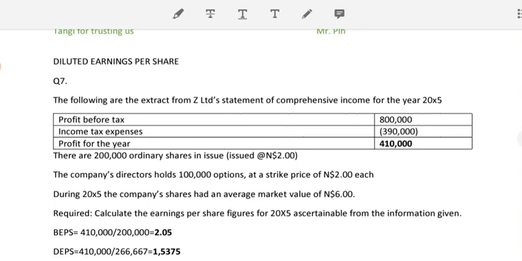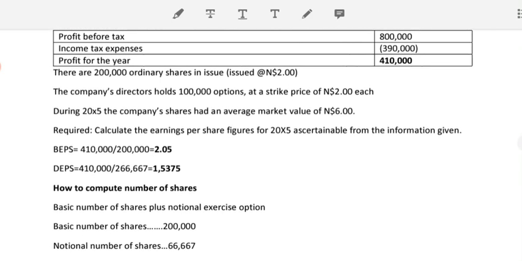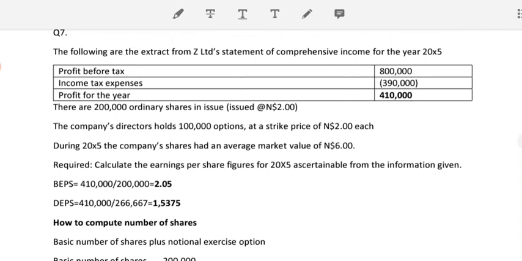Profit after tax is 8,000. Income tax expenses is 390, and the profit for the year is 410. And there were 200 ordinary shares in issue at $2, and the company director holds 100 options at a strike price of 2.